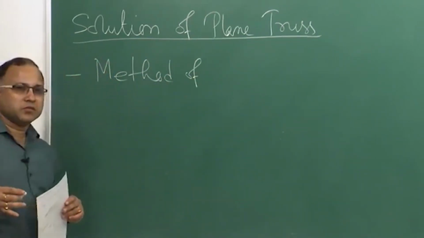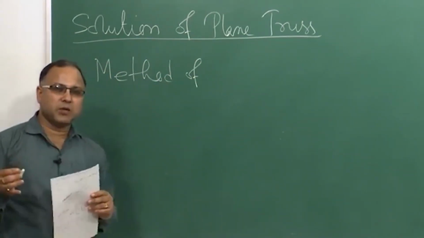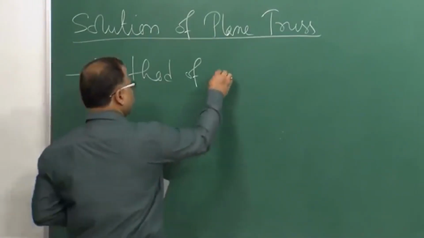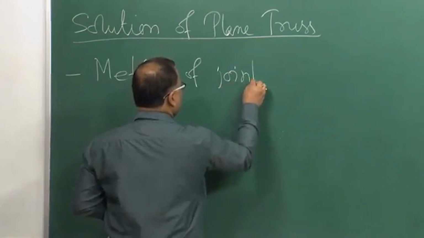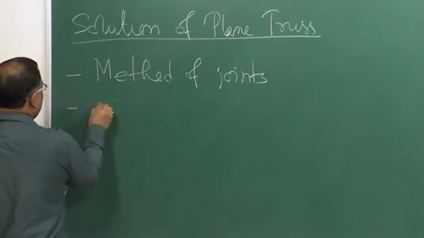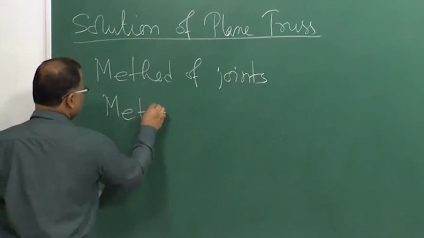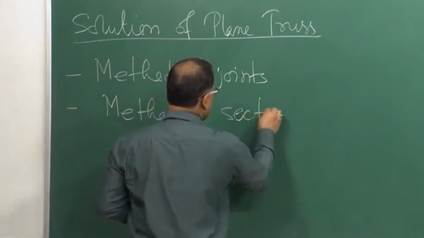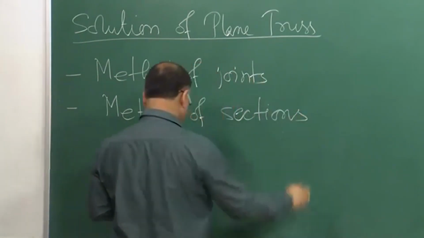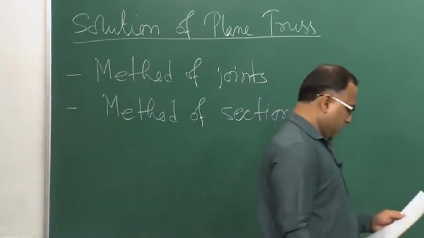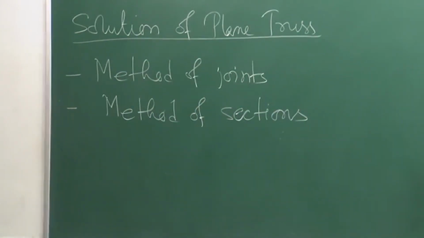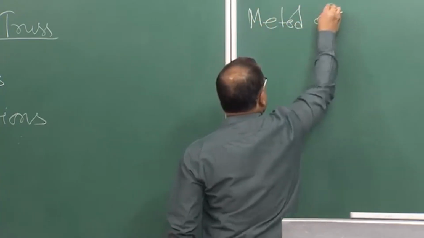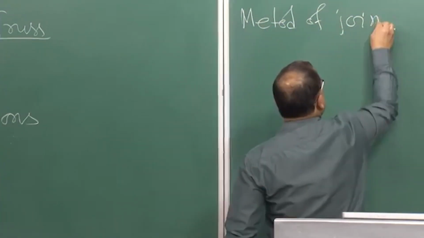We have discussed this a little bit in the last lecture, if you recall. Second is method of sections. Okay. Now, we will be coming one by one. So, first we will be discussing method of joints.